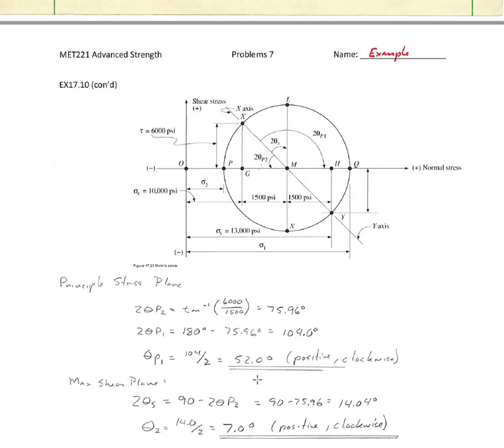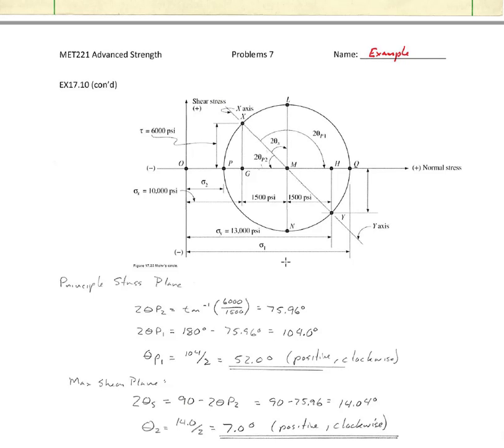Okay, so now what we have to do is find the principal stress planes. And I've put this one out here. So essentially what we're talking about here is that the Mohr's circle represents the state of stress. Points on the Mohr's circle represent the shear stress, the normal stress, and then the angle at which those things exist. Okay?